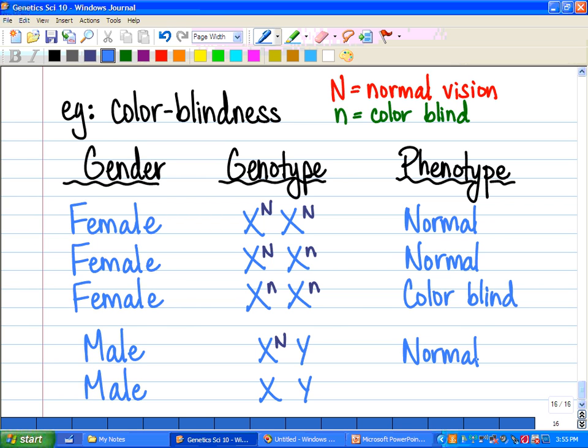But the only other option, because the Y chromosome doesn't have an N, is that these things only show up on the nice big X chromosome, not the stumpy little Y. The only other option for a male then is an X with a lowercase n. And there's no opportunity for a capital N to dominate over the lowercase n. So this male would be colorblind.